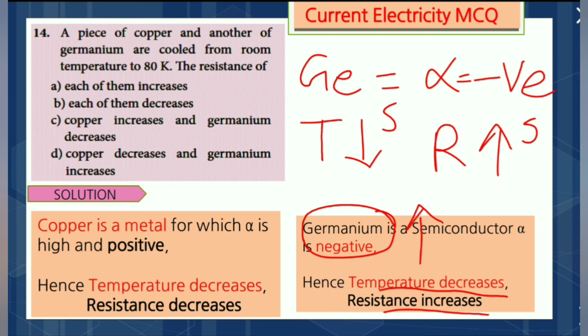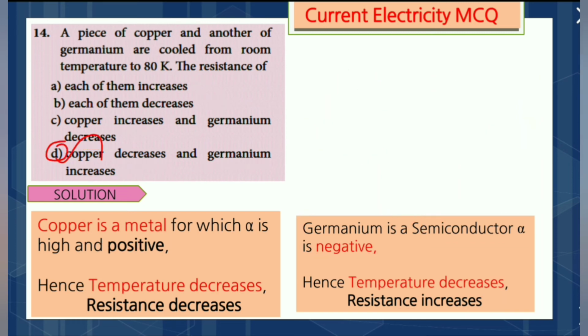Okay, so see the options. The first two கண்டிப்பாக கிடையாது. தேர்டு பார்த்தீங்கன்னா copper increases, germanium decreases. ஃபோர்த்து பாருங்க copper decreases, germanium increases. ஸோ நம்மளுக்கு இதில் வந்து காப்பர் டிக்ரீஸ் ஆகுது, ஜெர்மானியம் இன்க்ரீஸ் ஆகுது ரெசிஸ்டன்ஸ். ஸோ ஆப்ஷன் D.